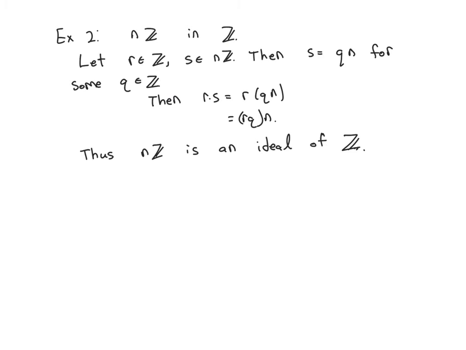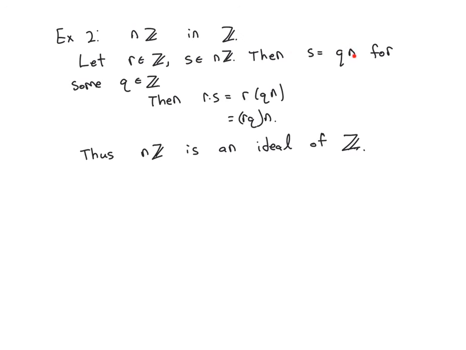And I actually hinted at that before when we proved that nZ was a subring. I pointed out that in the way we had done the proof, we had taken two elements in the subring and shown that the product was in the subring, and I noted that one of the assumptions we didn't even use. So this is why, because actually we have an ideal.